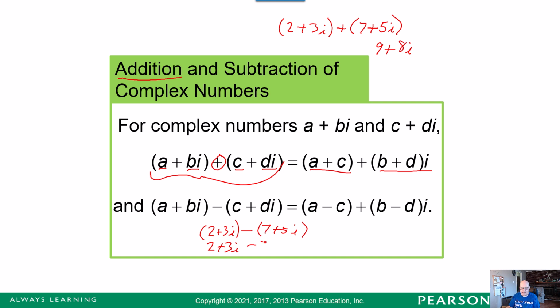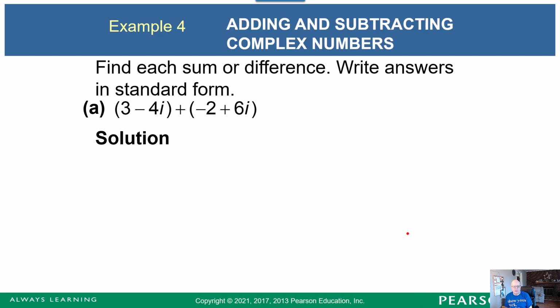So I have minus 7 minus 5i. Now we'll take the real part. 2 minus 7 is -5. 3i minus 5i will be -2i. And there's our answer. That's the difference for the second example.